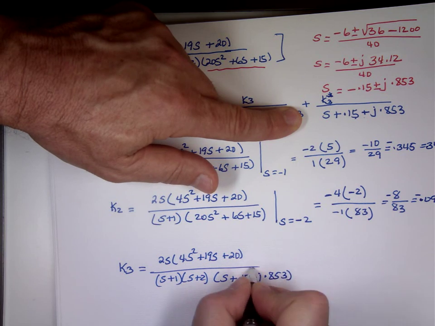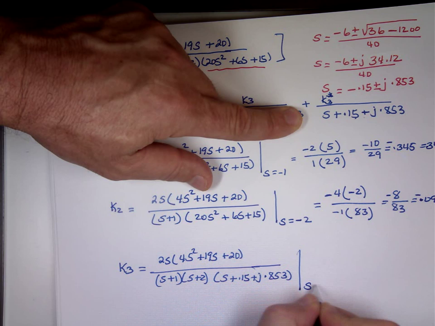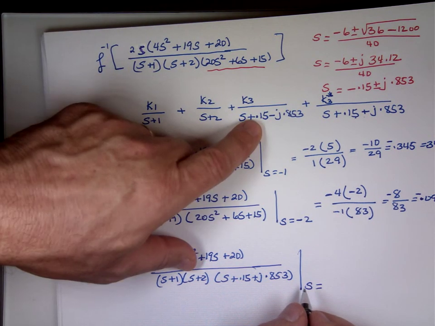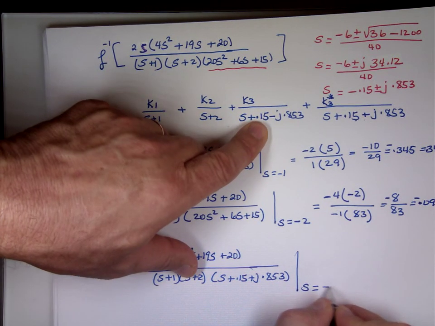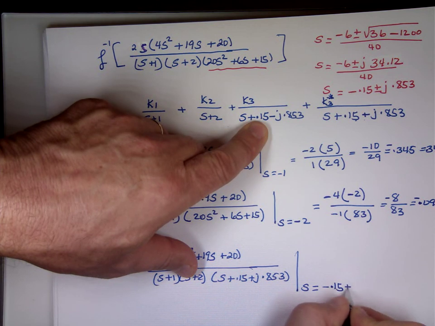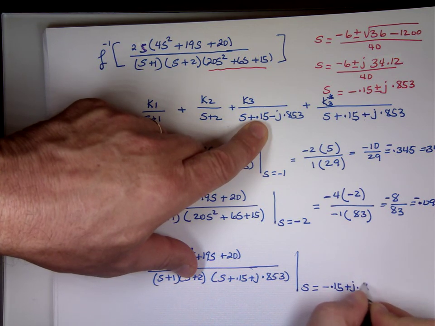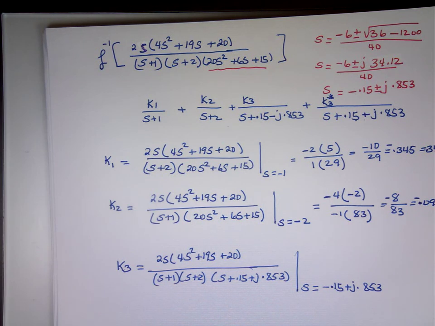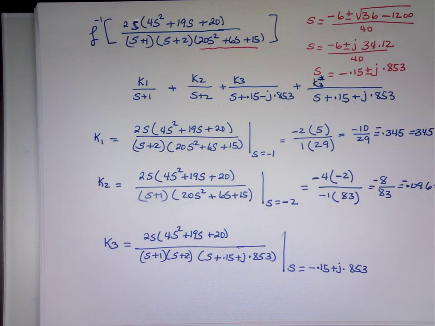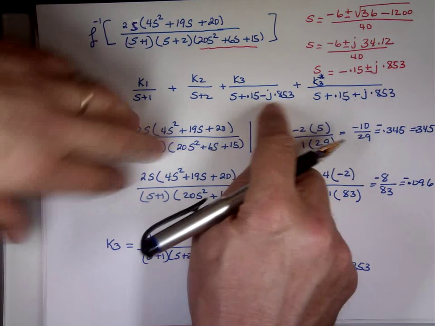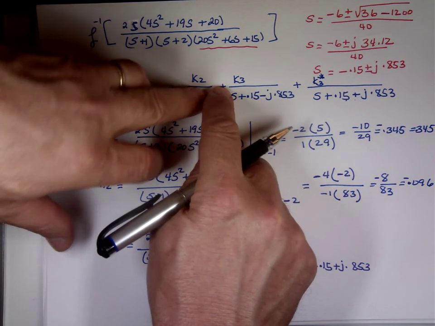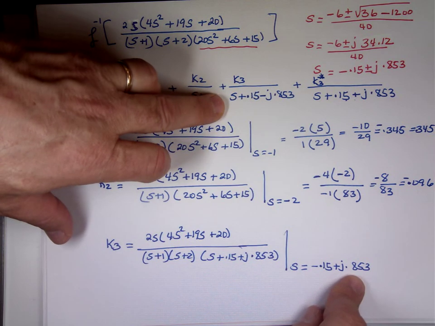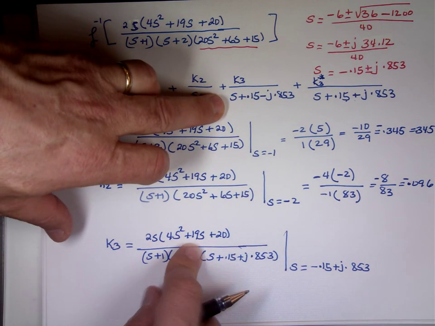And you want to find that when s equals what? When is this one going to be 0? Negative 0.15 plus j 0.853. Wait, isn't that minus j? Nope. When you move it to this side, this becomes a minus to solve for it. That's a plus.